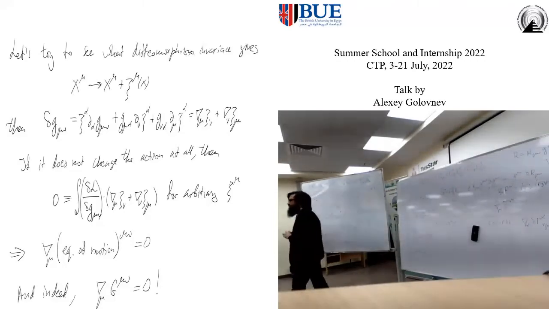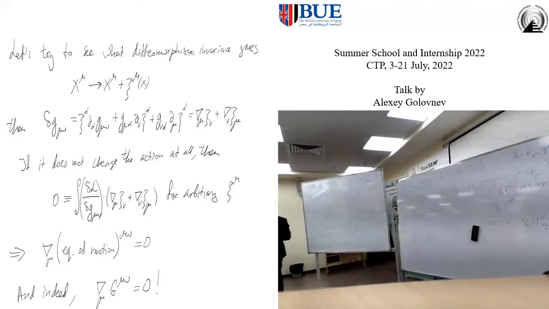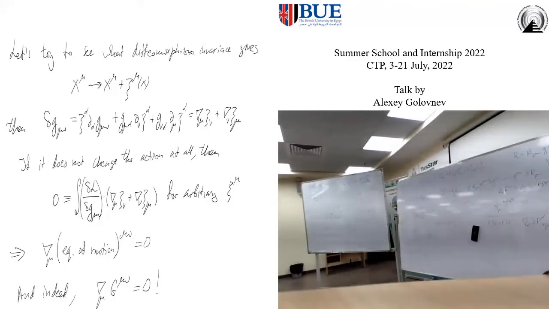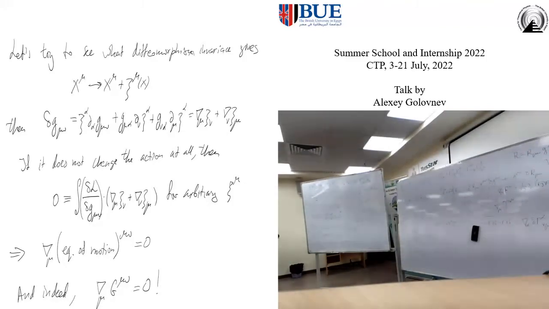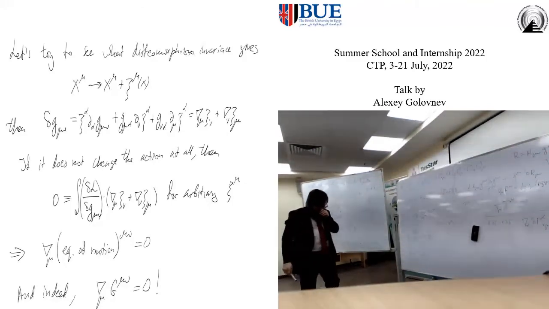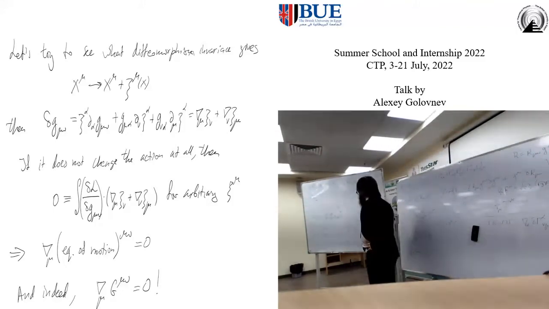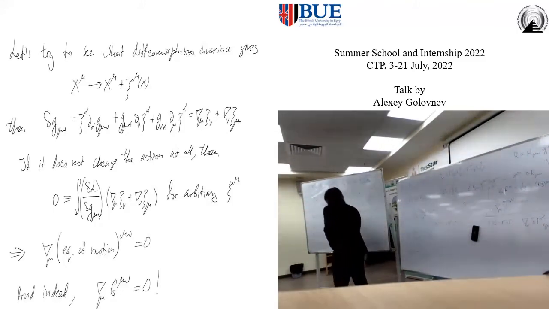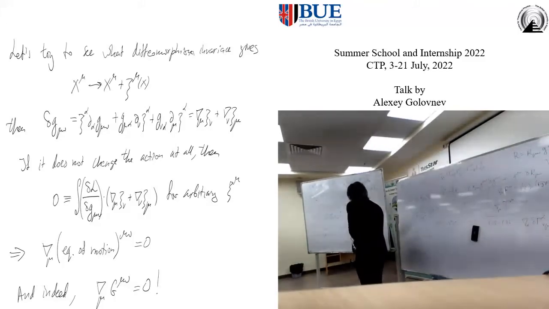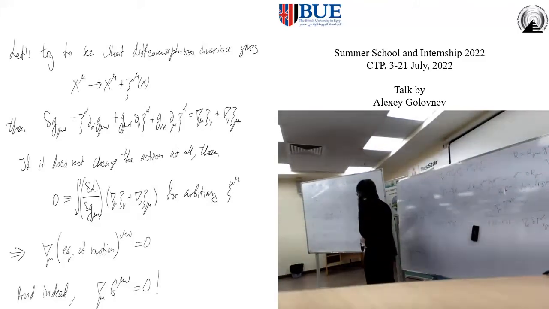I have a question. Yeah? Is the last equation always true, or only when the vector is a Killing vector? Because when you do this, you will have a term that only dies if this is a Killing vector. No, that's always true. I'm not assuming any kind of symmetry here.